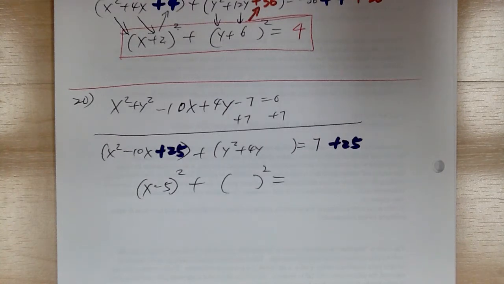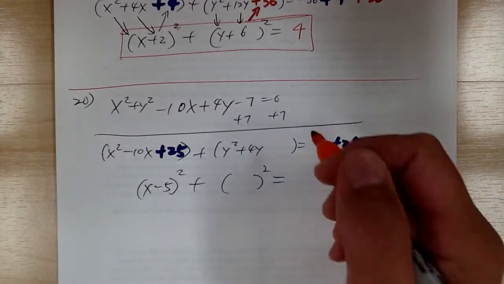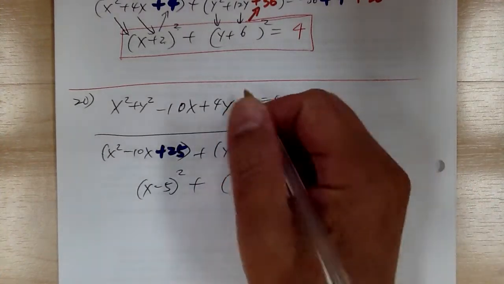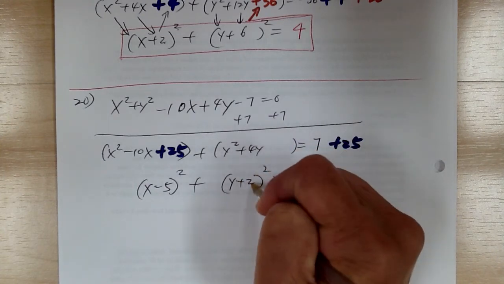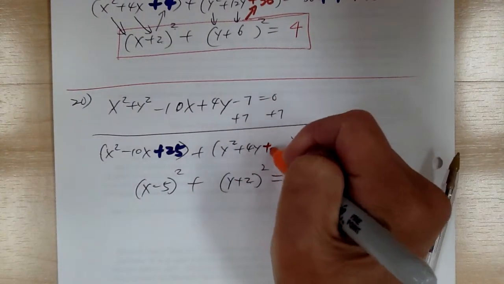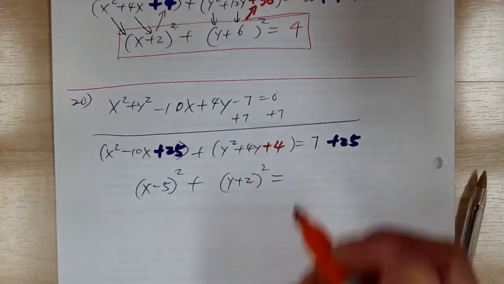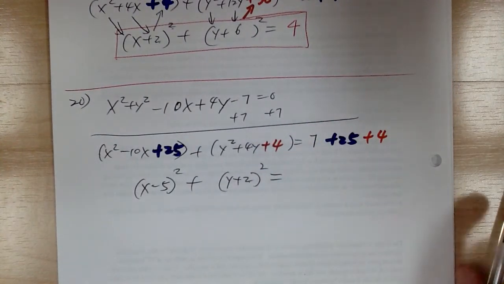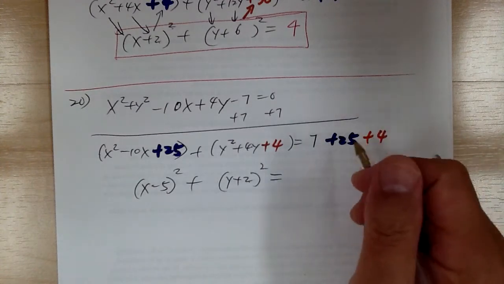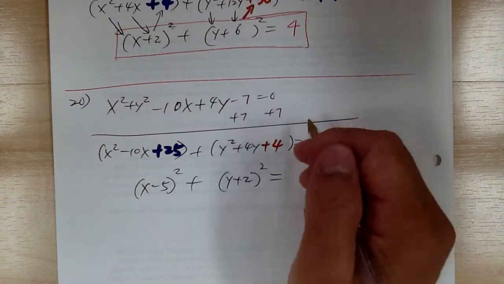And then after that, you do the same thing over here for the y. So from here you get y, from this you get plus 2. 2 squared gives you 4, so you put a 4 over here. And so from here you work this out, you get 36.